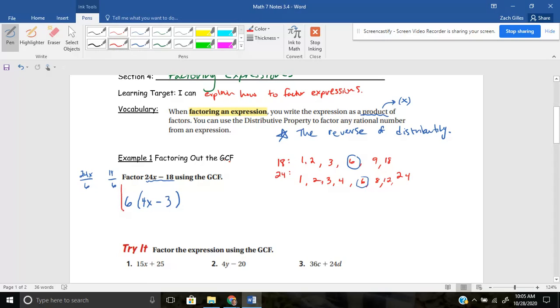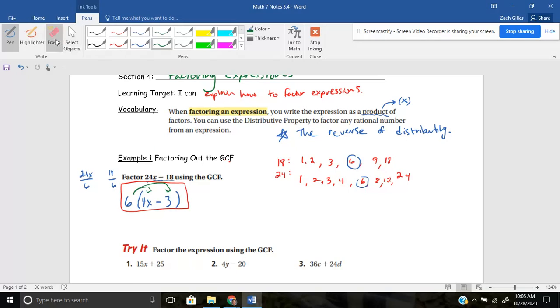Now you might be able to more clearly see that factoring is kind of like the reverse of distributing. If we were to distribute 6 to this, we would come up with 6 times 4x is 24x, minus 6 times 3 is 18.